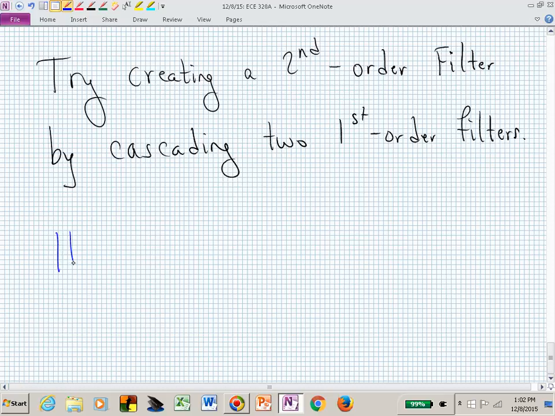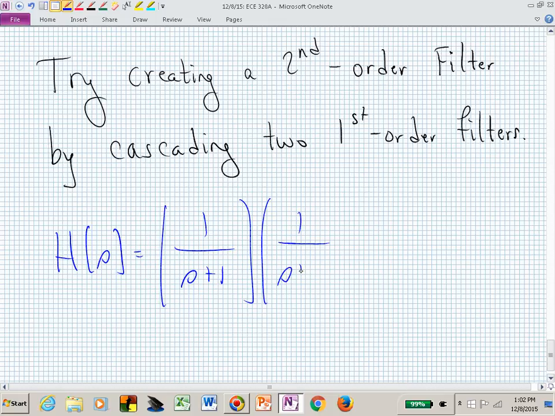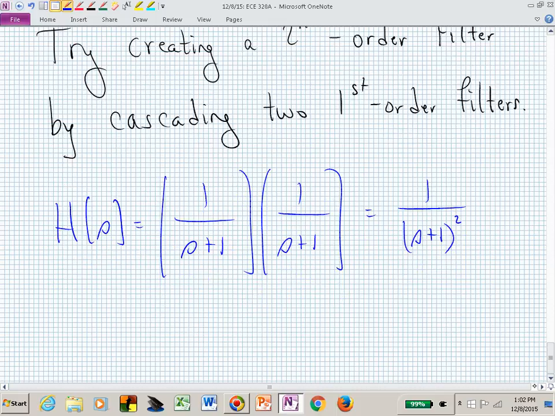But if we did, then we would say, here is a second order filter. It's 1 over s plus 1 combined with 1 over s plus 1. Or this is now 1 over s plus 1 squared. What we want to do now is check what is the magnitude of this at omega equal to 1.